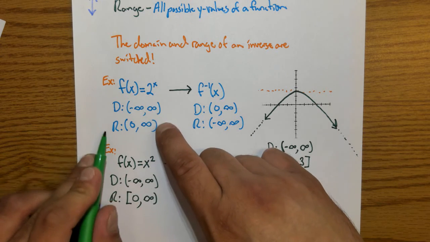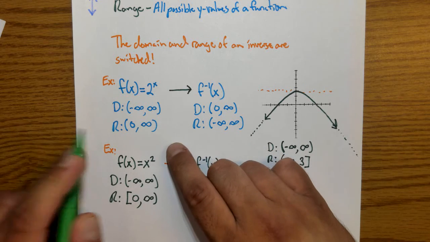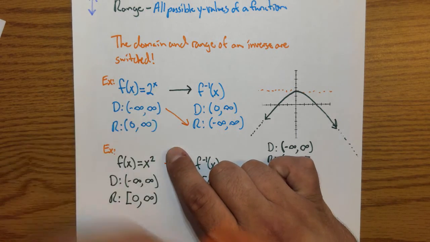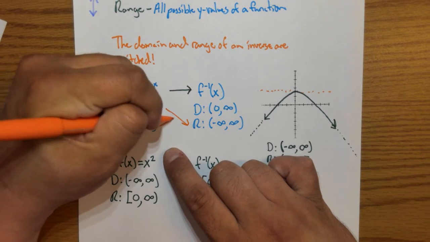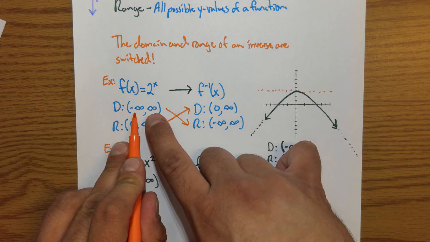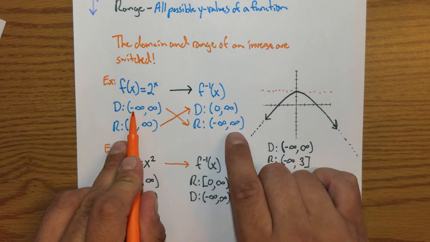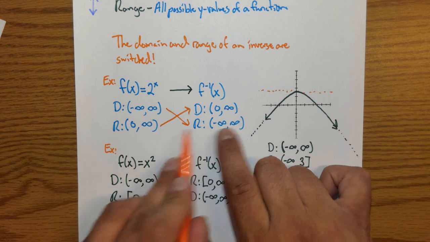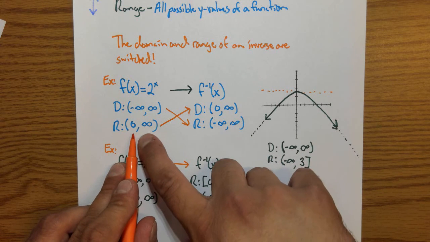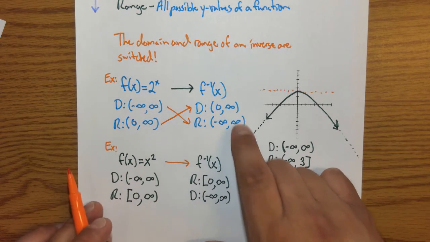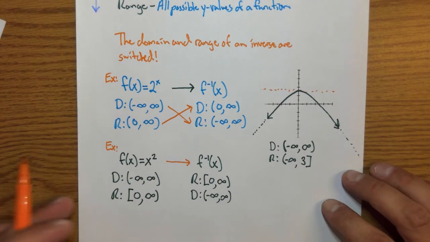So this is the domain and range of my original function. Well, the inverse, the domain is going to become the range, and the range is going to become the domain. So notice when the domain was negative infinity to positive infinity, the range of my inverse is now negative infinity to positive infinity. The range of my original function was from 0 to infinity. Now the domain of my inverse is from 0 to infinity. So they switch. All right?